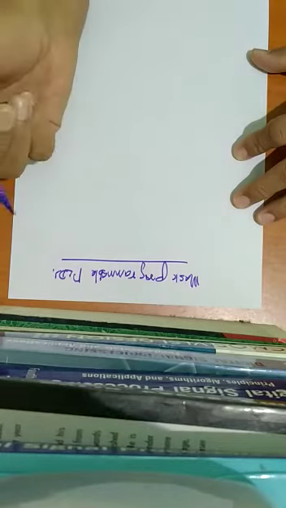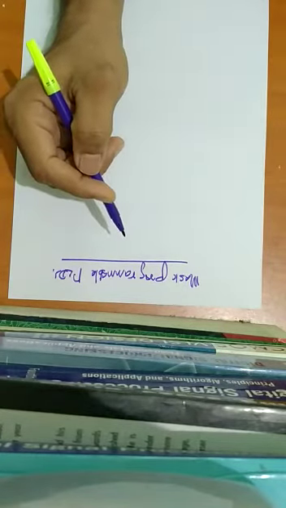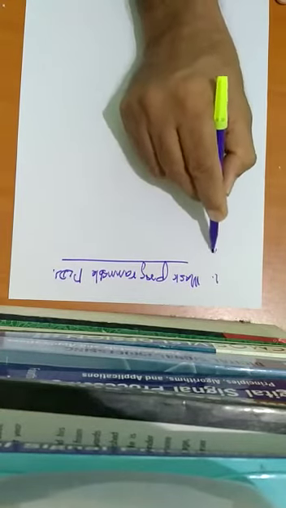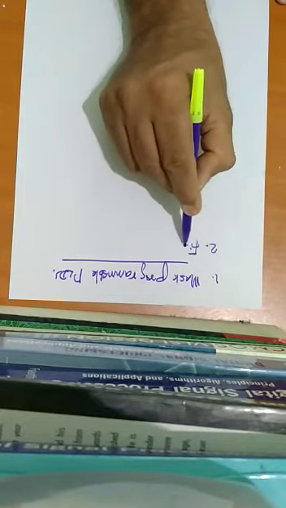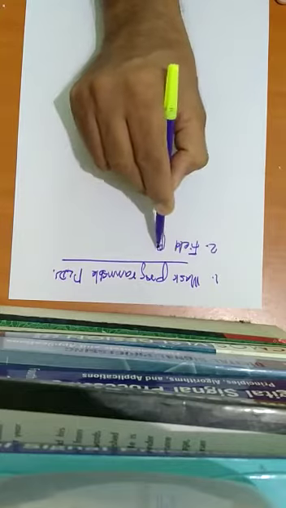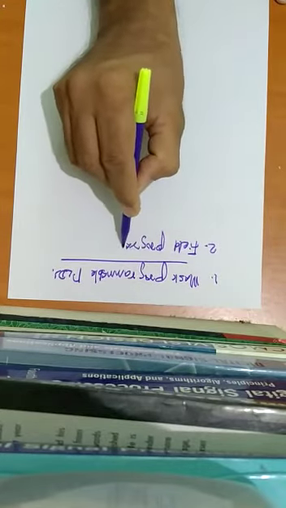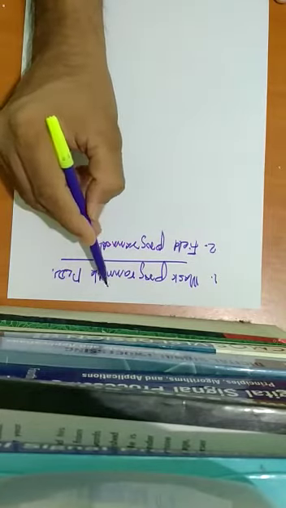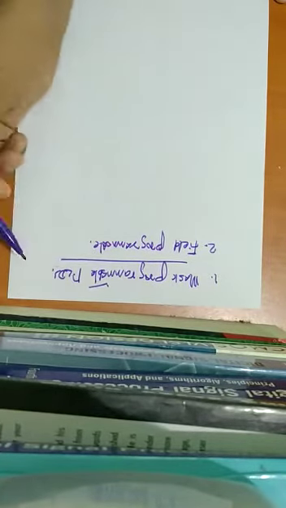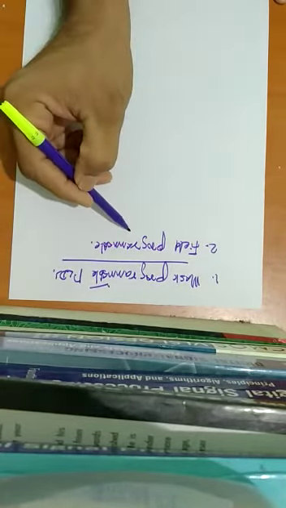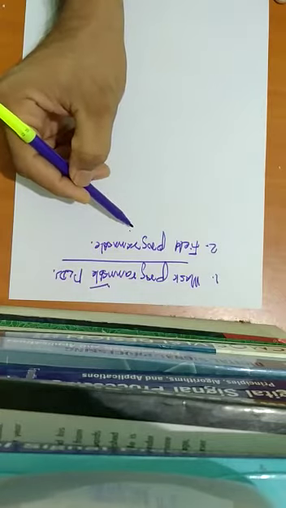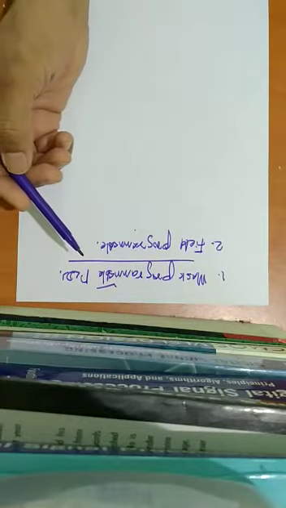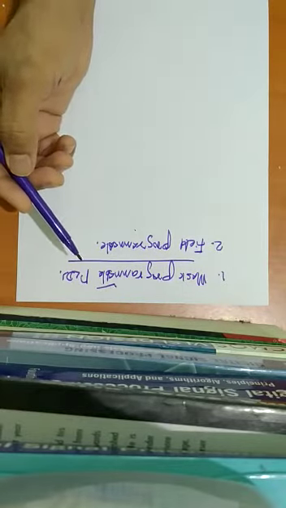If the end user programs it, those chips are field programmable logic devices. So the difference is obvious. In mask programmable, programming is by the manufacturer; in field programmable, programming is by the end user.